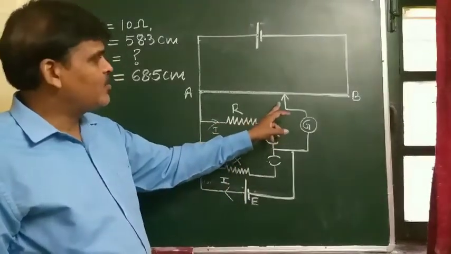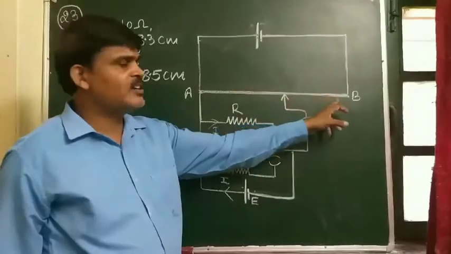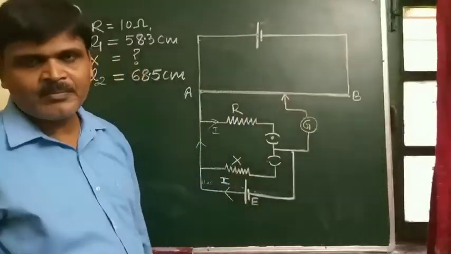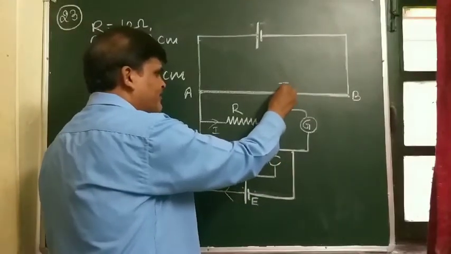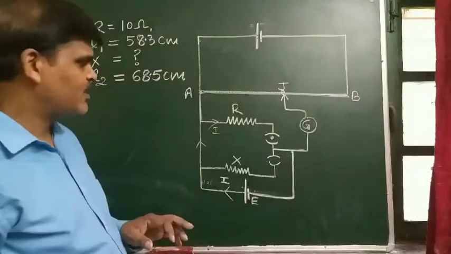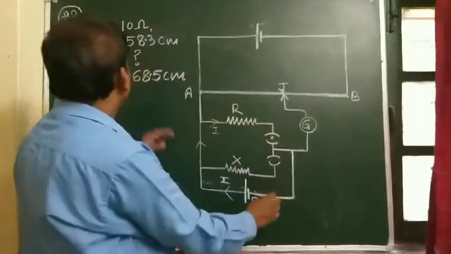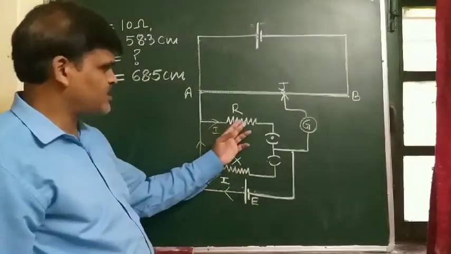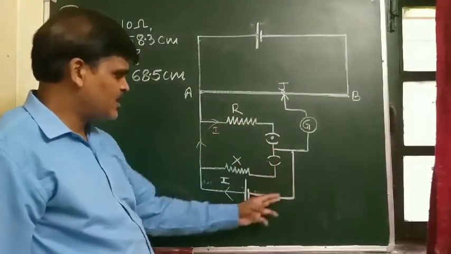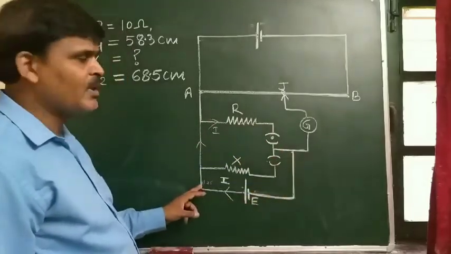In the first case, when the jockey is touched on the potentiometer wire, suppose the null point is obtained at a point J. It means this cell sends a current to the standard resistor of 10 ohm, and the current flows in the resistor in this manner.